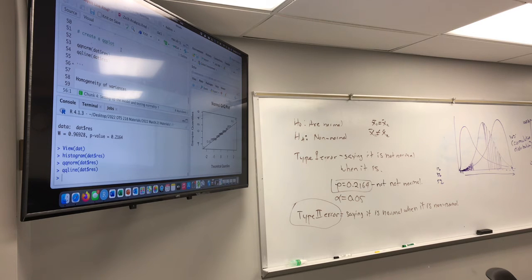All right, now I think we've done everything we need to do as far as normality is concerned. So go back down to the homogeneity of variances section, and what we want to do is run Levene's test. Levene's test, in this case, is just leveneTest with a capital T. Once again, you want to do this on whatever your analysis is.